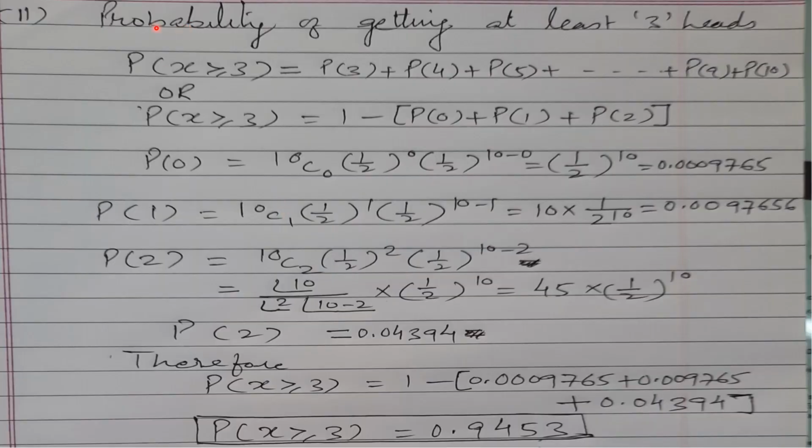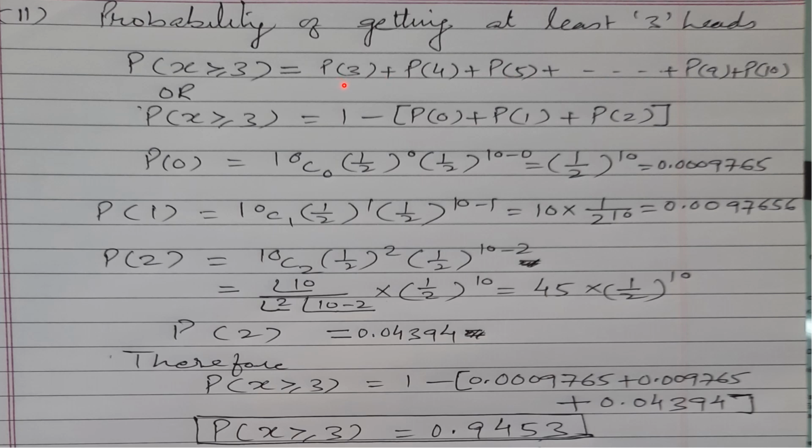Now we will go through the second part of the problem, that is probability of getting at least 3 heads. By applying binomial distribution, the probability of getting at least 3 heads, P(x greater than or equal to 3), will be the sum of probability of getting 3 heads, 4 heads, 5 heads, 6 heads, and so on up to 10 heads.